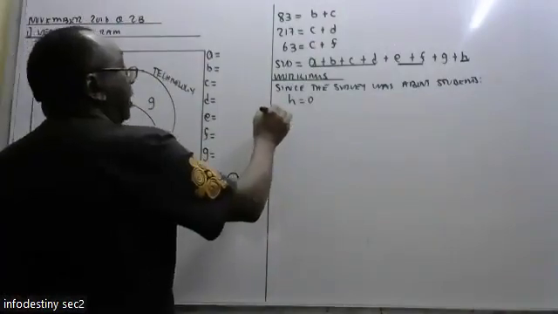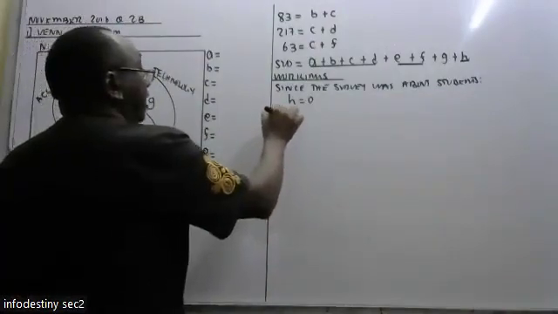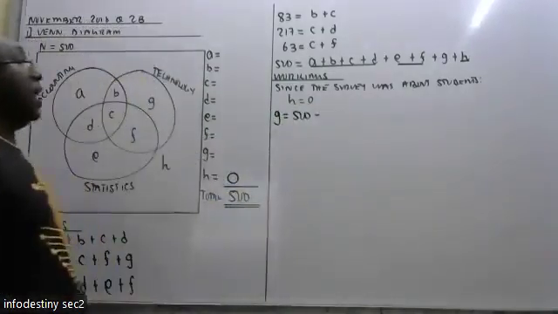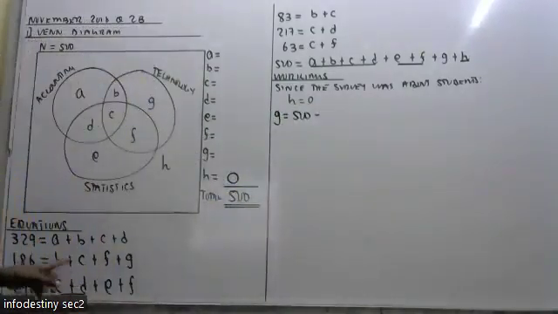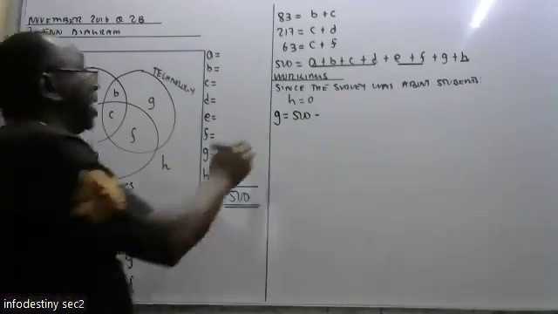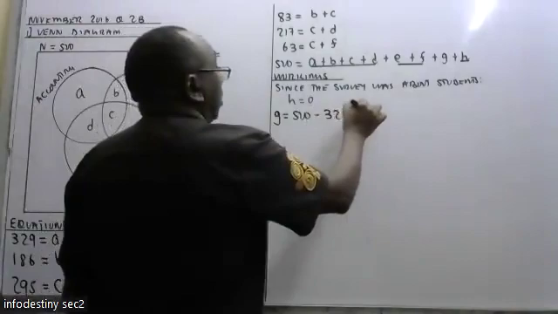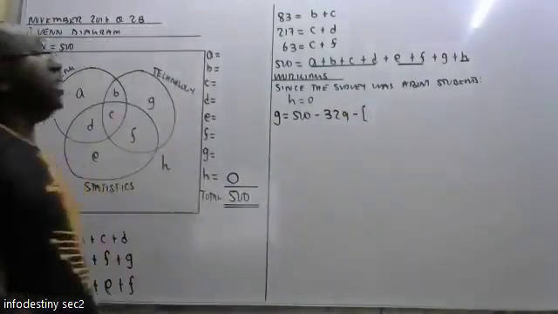And in my working, I will then proceed and say G must be 500 minus this block of A, B, C, D, which is 329, minus EF.